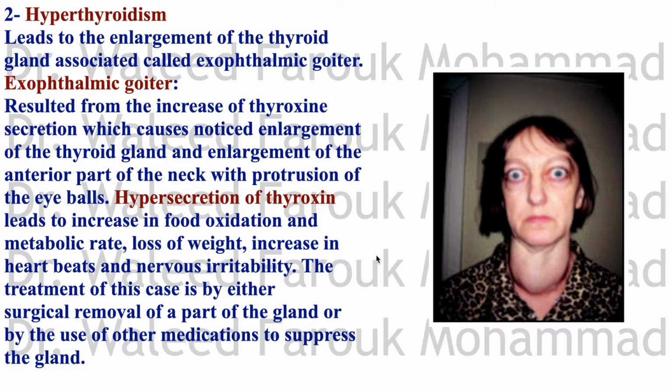Treatment of this condition, either by removal of part of the thyroid or by other medications that suppress the thyroxine secreted by the abnormal thyroid gland. So hypersecretion is hyperthyroidism. Okay, don't forget the exophthalmic goiter.